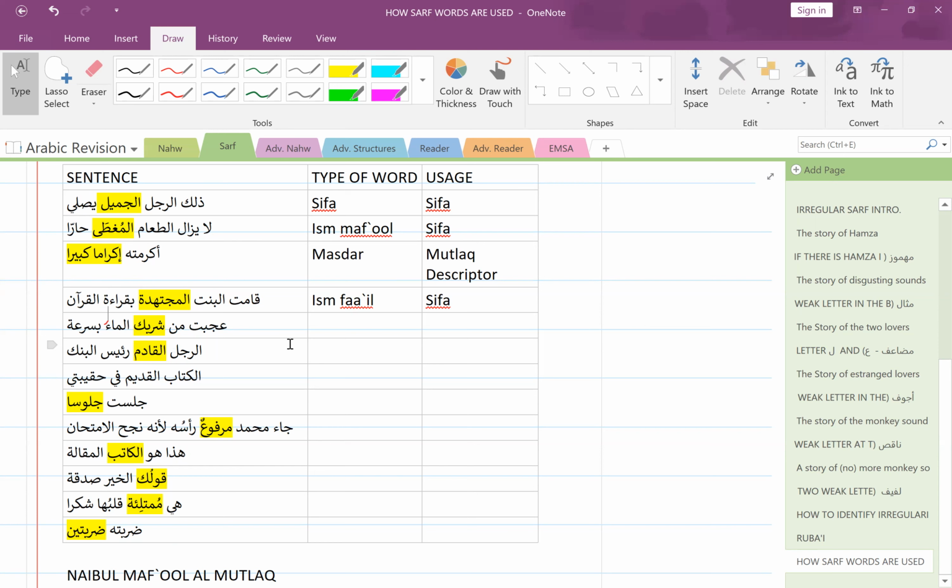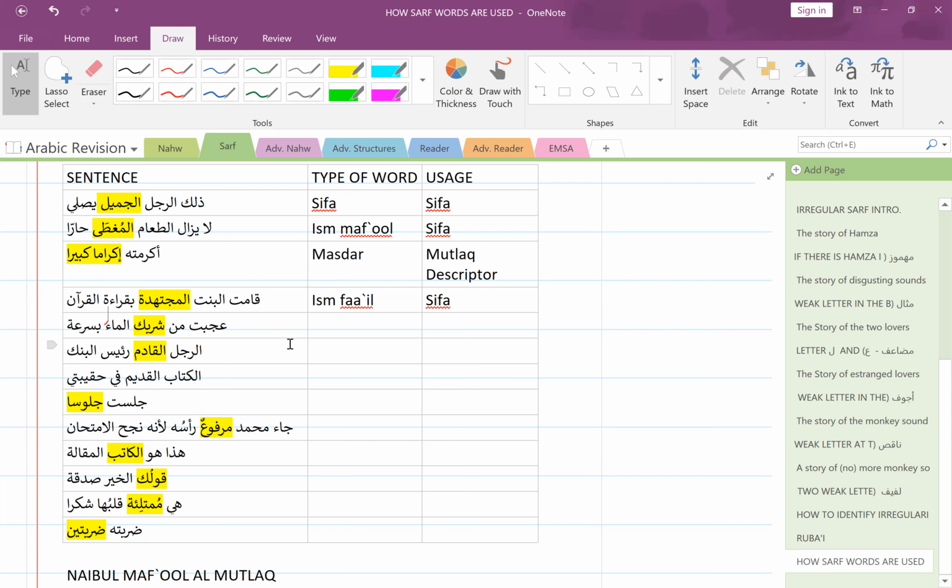You understand? So the difference is if it's doing a job, most likely you translate it as ing, reciting something, doing something. But if it is just normal mudaf, you're going to translate it as an idea, a masdar. She started the recitation of the Quran, as opposed to reciting the Quran.